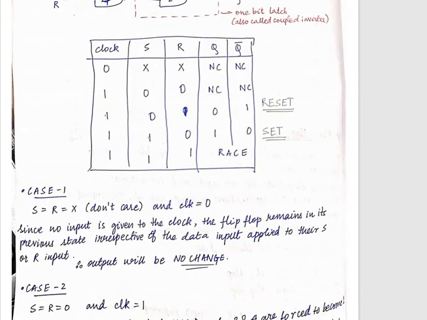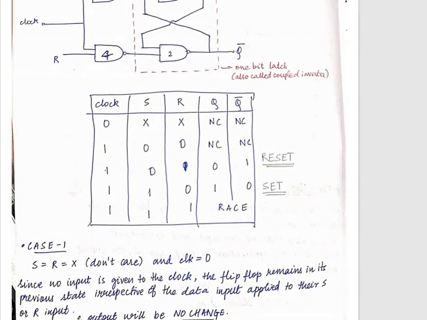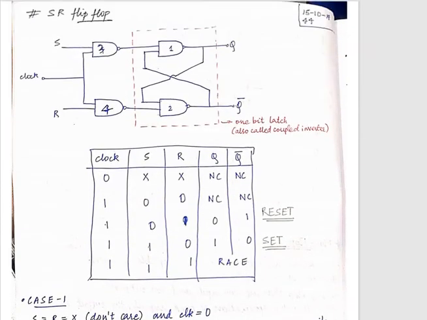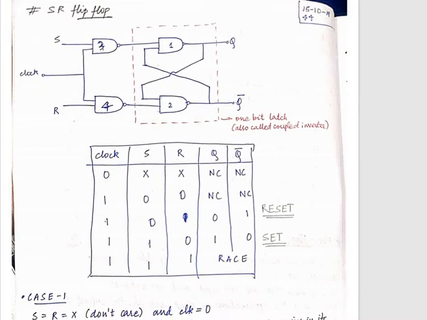This is the truth table showing how the state of the flip-flop changes once the input is applied. As you can see, in the SR flip-flop, S and R are the two inputs provided to this flip-flop, and the clock is provided so that the state can be changed as I discussed earlier.